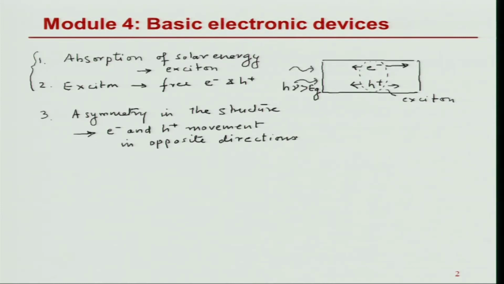Now, there are many ways of creating this asymmetry, and the one which we have been discussing in this course is the p-n junction. P-n junction allows you to build this asymmetry, and that happens because if I make a p-n junction out of this particular material, I have already shown you earlier that it leads to a built-in field. This is p type.